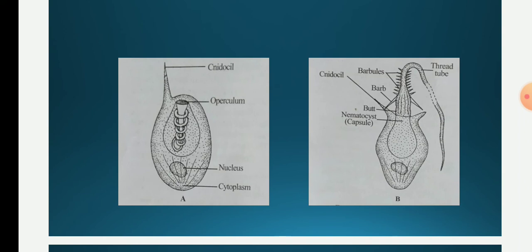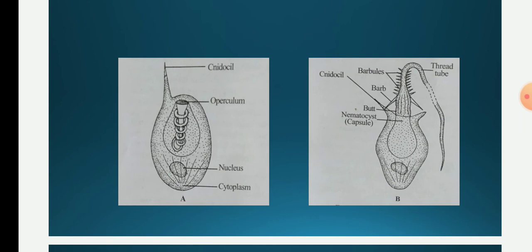The base of the thread is swollen into the butt, and the base of the thread has 3 large spines called barbs, and 3 rows of small spines called barbules. We can see in figure B the barbs and barbules which are located on the base of the thread.